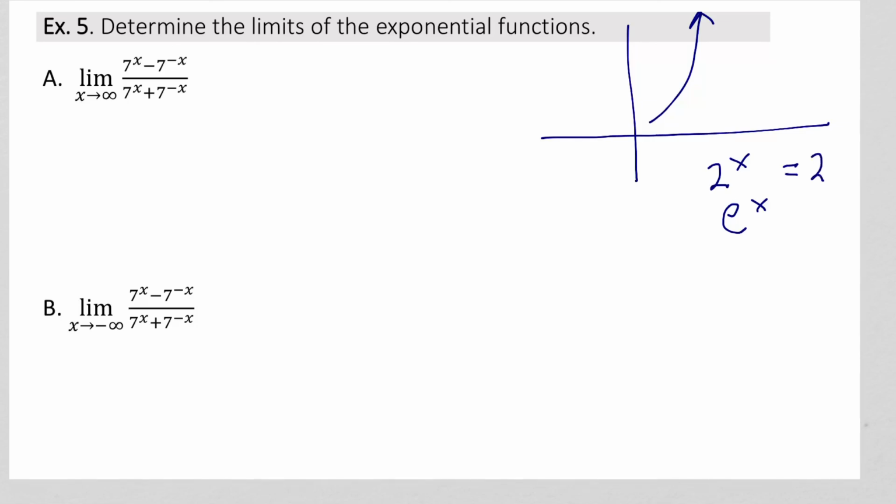What if this was negative 100? As x approaches negative infinity, negative 100 is a pretty small negative number, or a large negative number, if you will. So that's the same thing as saying you have 2 to the 100 in the denominator. All right, so that means I've got a very small number. 1 divided by a huge number is an extremely small number.